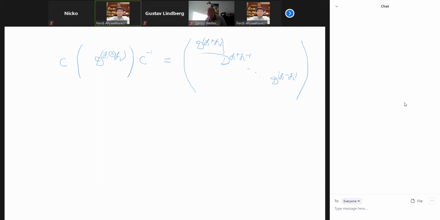So this is a block like this. 0, 0. So if we look at the vector, we can see very clearly that because of this block form, this set of vectors would correspond to J1 plus J2, and the next one would be J1 plus J2 minus 1, and so on.